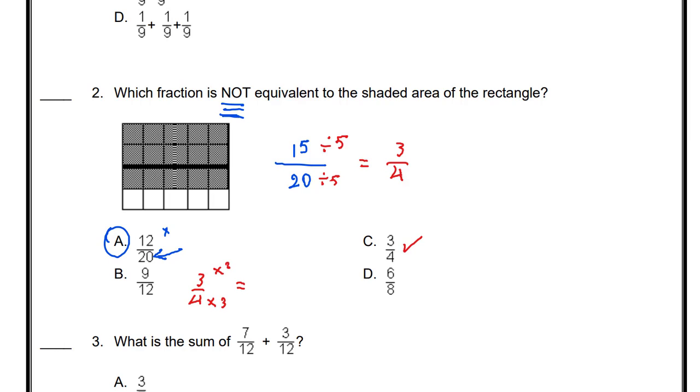So multiply both numerator and denominator, it will be 9/12. So this one also is correct. And for 6/8, you have 3/4, you can multiply the 4 by 2. In this case, you will get 8 in the denominator. In the numerator, 3 times 2 equals 6. So you have 2 ways to check your answer, my heroes. And let's move to the next question.